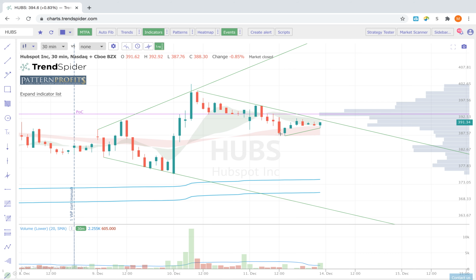So again, this pattern plays out on every time frame. So if you're looking at, let's say, a weekly bullish outside pattern, if you zoom into the daily chart, on the daily chart, you're going to be able to draw that broadening formation.